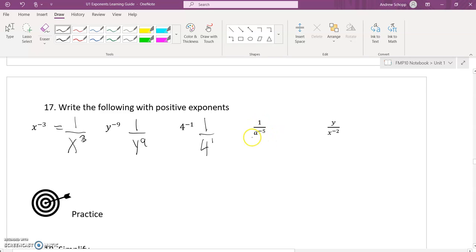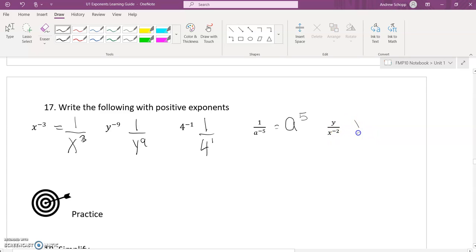And next, 1 over a to the power of negative 5. Well, we can flip the fraction here and rewrite this as a to the power of positive 5. And if we were given a to the power of positive 5, we know that we could rewrite it as 1 over a to the power of negative 5. For the last one here, we have y and x to the power of negative 2.